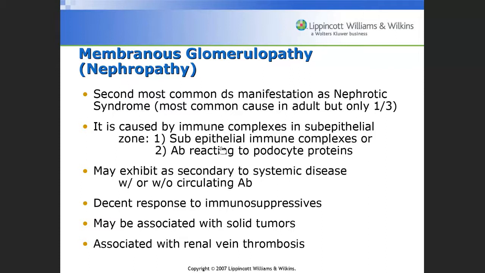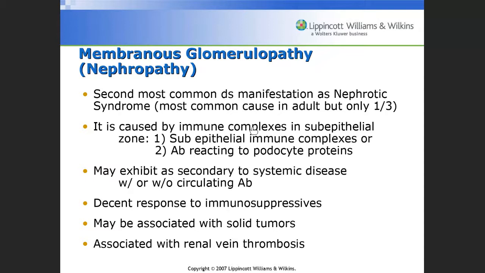Okay, remember, in the U.S., I told you that when someone shows occult protein, the first thing to think of is diabetic related. So this membranous glomerulopathy is basically the membrane getting thickened, and it's due to immune complex.